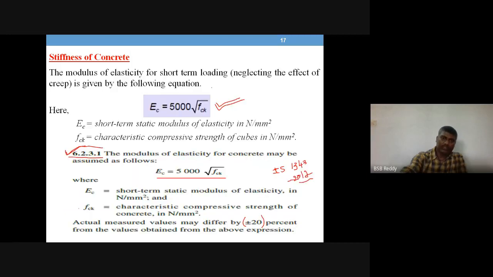Otherwise, you can use a ready-made equation, which is 5,000 times square root of fck, which will have plus or minus 20% error from the actual value. Okay, so that is about stiffness of the concrete, represented in terms of Young's modulus of concrete, which will be utilized in estimating deflections of pre-stressed concrete members.